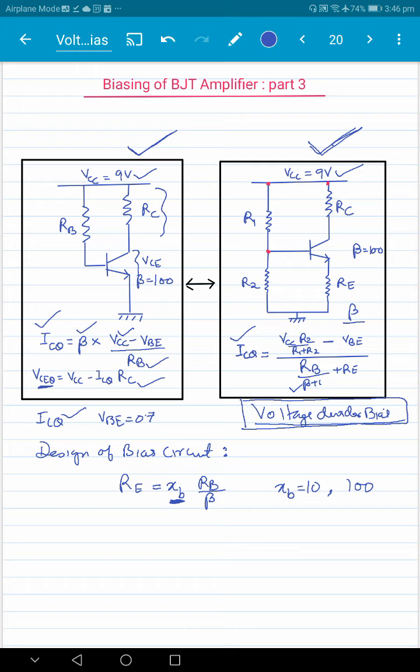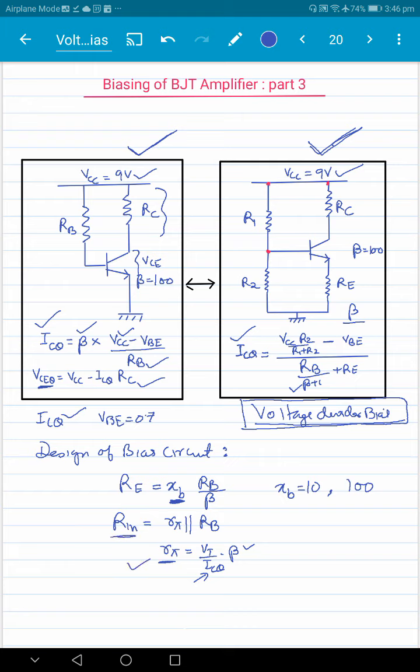The other one is, note that input resistance is also an important parameter. So input resistance is R pi parallel RB, right? And R pi is VT by ICQ times beta here. Note that ICQ is given to us, we are designing the circuit for a particular value of ICQ, and VT and beta are known, so R pi is fixed here.